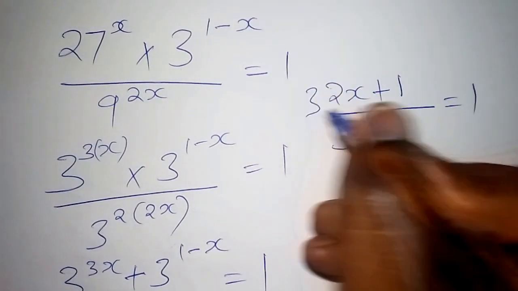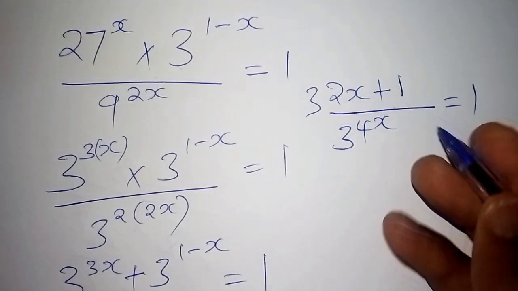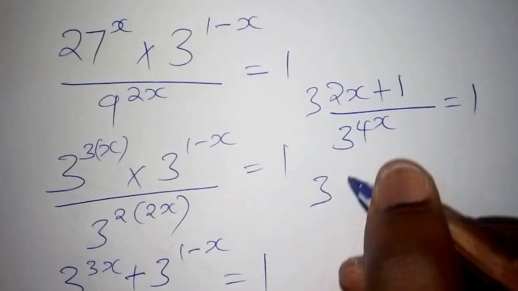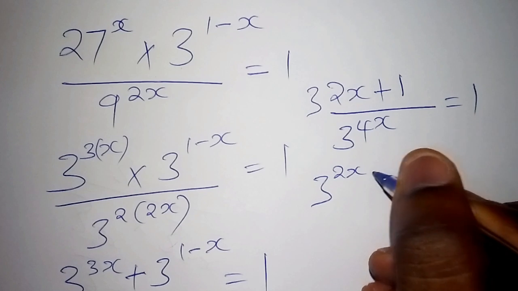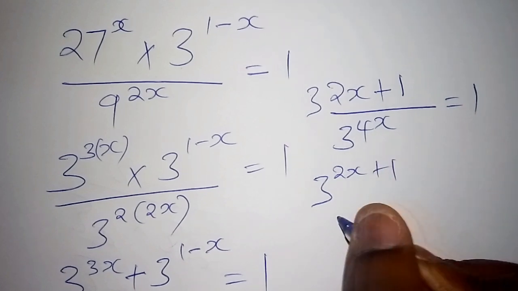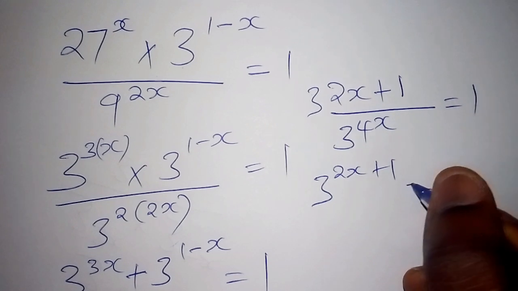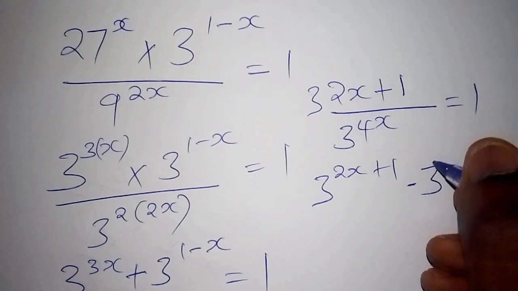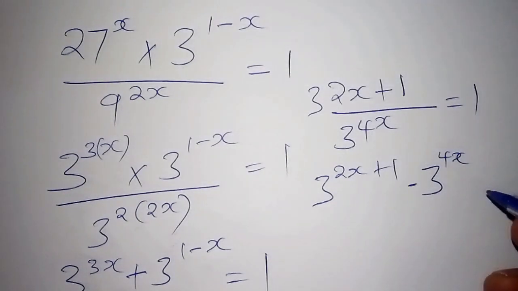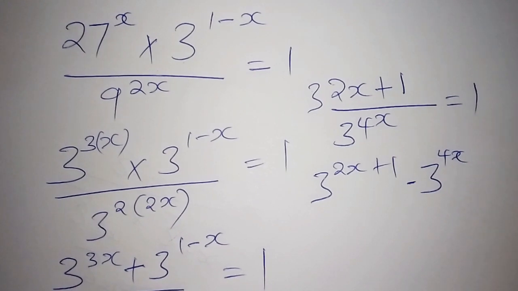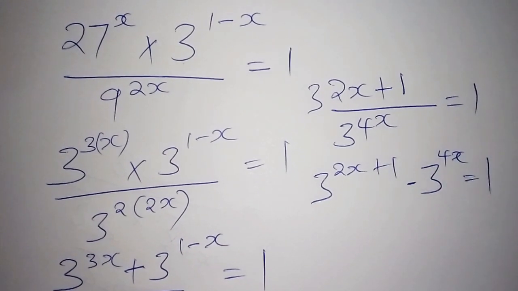Remember that it was 3 to the power of 2x plus 1, so here we shall have 3 to the power of 2x plus 1 minus 4x, which is equal to 1.